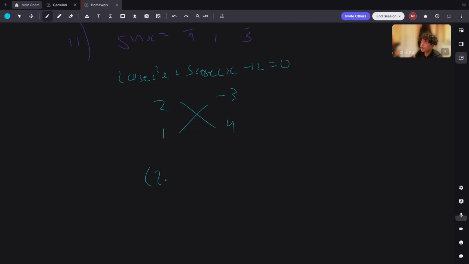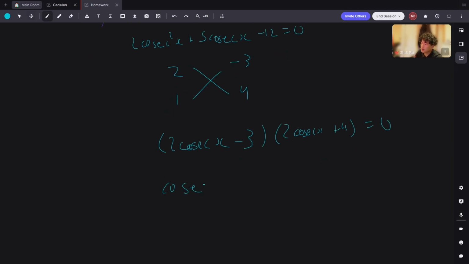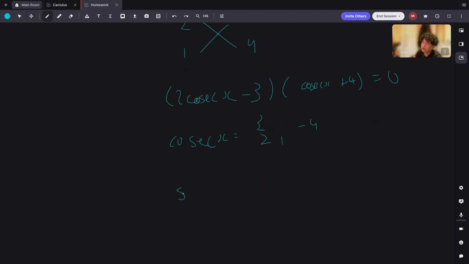So we have 2 cosec x minus 3 and 2 cosec x plus 4 equals 0. So cosec x equals 3 over 2 or minus 4. So sine x equals 2 over 3 or minus 1 over 4.